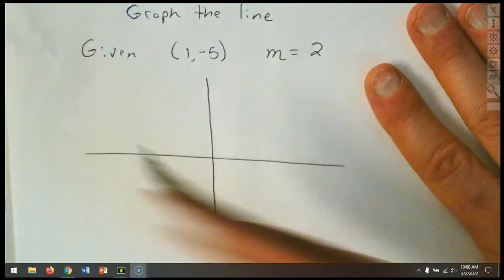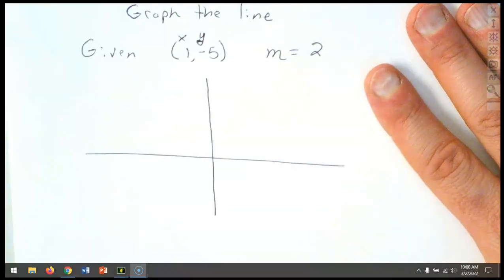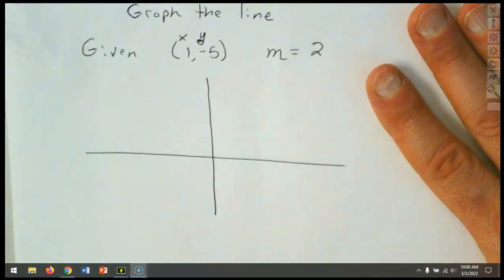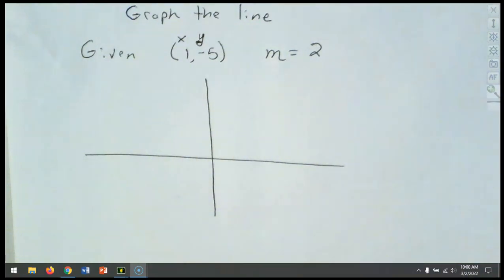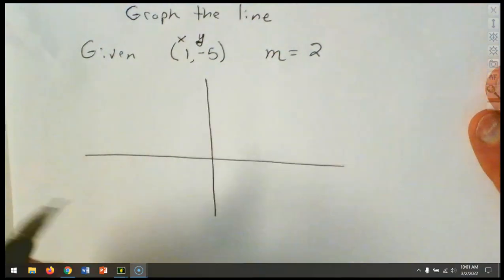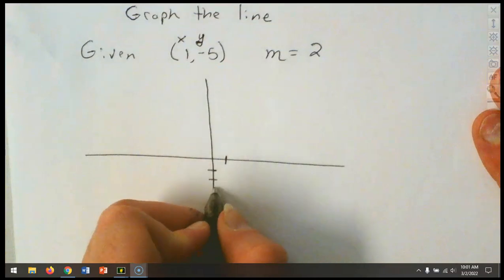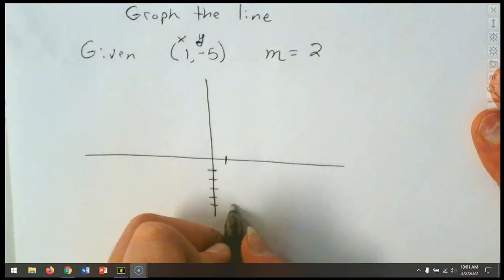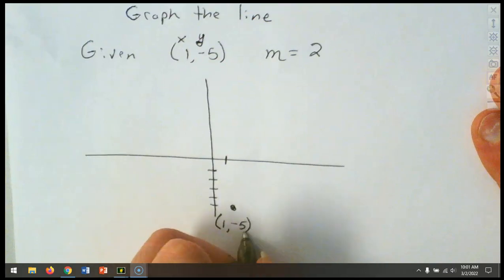Be careful when you plot these. Remember, that's x and y. So 1, negative 5. That's one of the most common mistakes I see. The students, sometimes when you plot them, you might get in a hurry and get the x and the y mixed up. So take your time. 1, negative 5. That means my x part is 1. So we go forward 1 unit, and we go down 5. So we're going to start right here at 1, comma, negative 5.